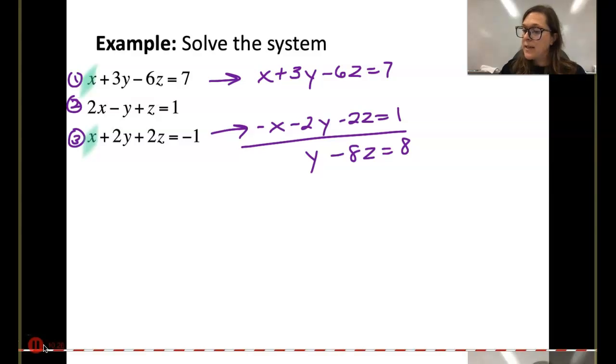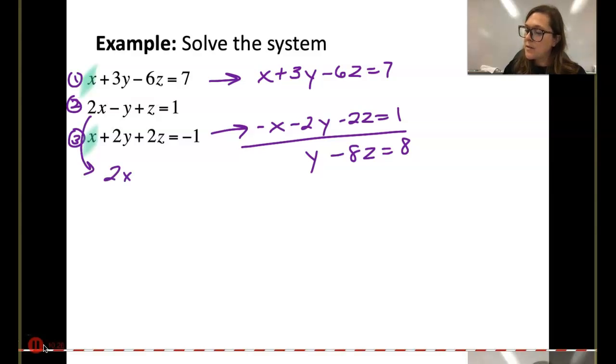All right, so now I have an equation with no x. So now I need to bring equation 2 into play and eliminate its x with either line 1 or line 3. I'm personally going to use line 3 just because those are smaller numbers than line 1. But again, no correct right or wrong path. There's multiple paths. All right, so I'm going to bring down my line 2 here.